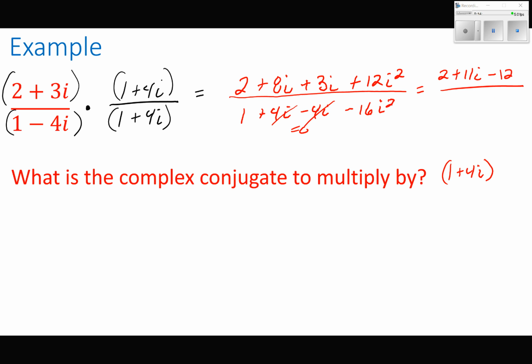In my denominator, I have 1 plus negative 16 times a negative 1, and so this would be plus 16. So finishing up down here, I can still simplify my numerator. 2 minus 12 would be a negative 10 plus 11i all over 17.